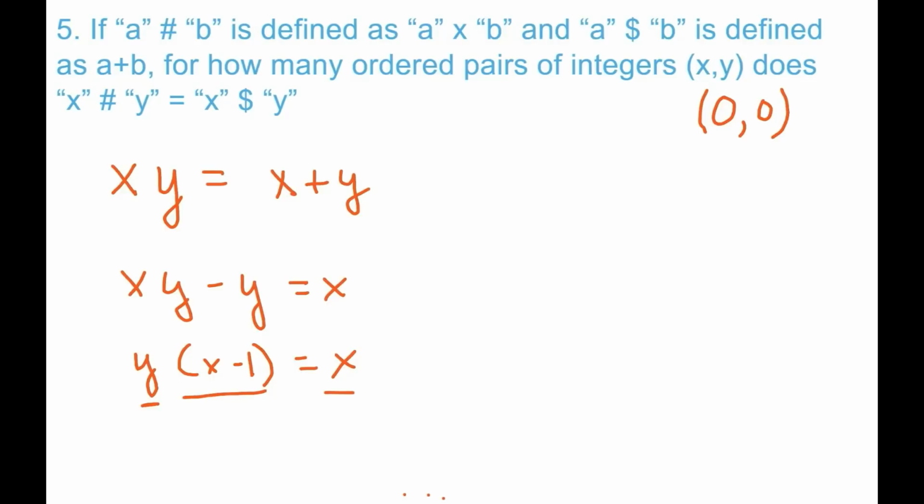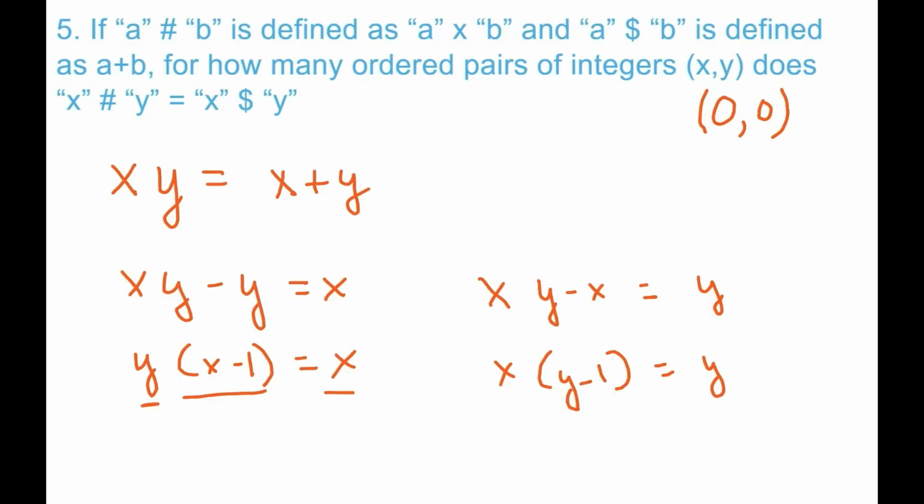Now let's rewrite this equation another way. Instead of subtracting y from both sides, let's subtract x. Then we get xy minus x is equal to y. Once again, factoring out the x, we get x times y minus 1 is equal to y.